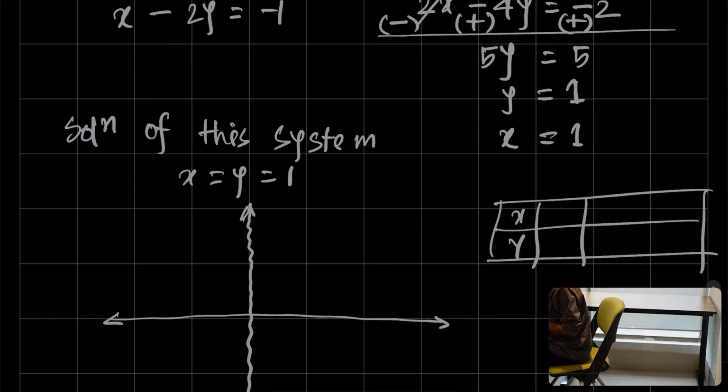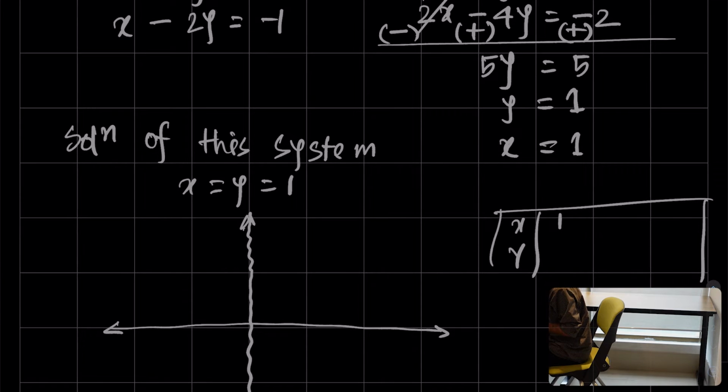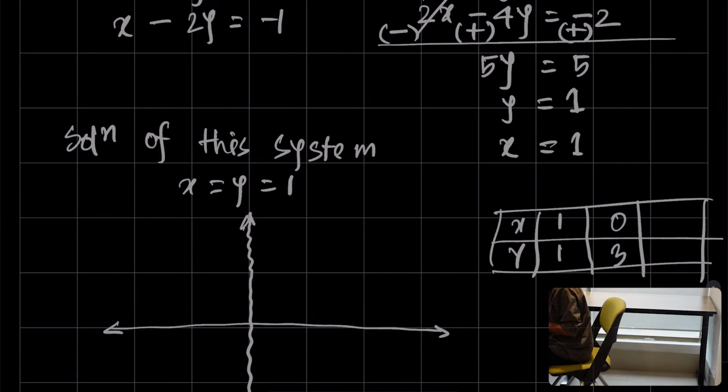If I set x equal to 1, then I'm getting y equal to 1. If I set x equal to 0, then y equals 3. And finally, if I set x equal to 2, then y equals minus 1.